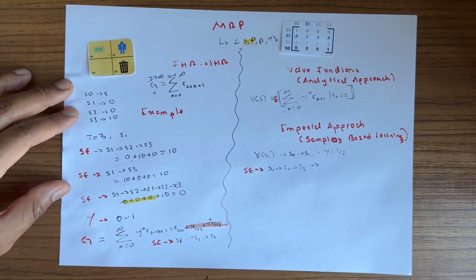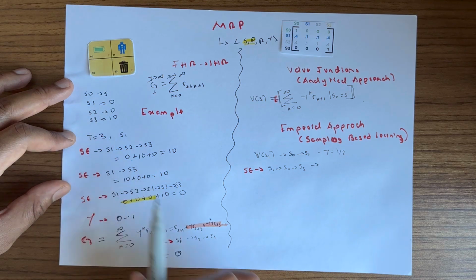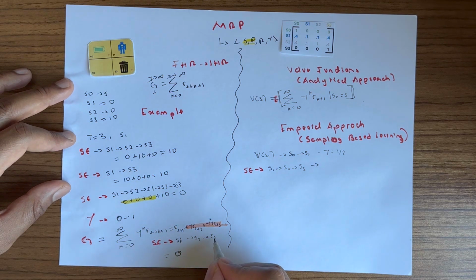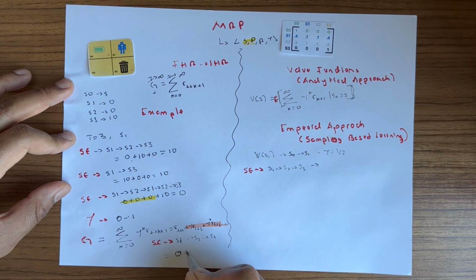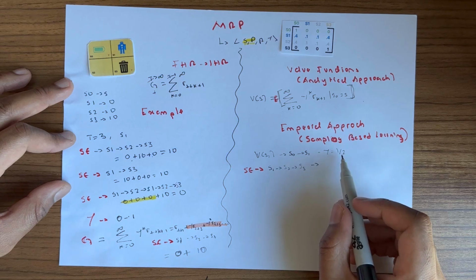Using this formula, the return is going to be, well, from S1 I go to S2, I receive a reward of 0. S2 has a reward of 0. From S2 I go to S3. Sorry, there's going to be an addition here. S3 has a reward of 10, but don't forget, this S3 is going to be discounted by gamma, and we can use this gamma of 1 over 2.